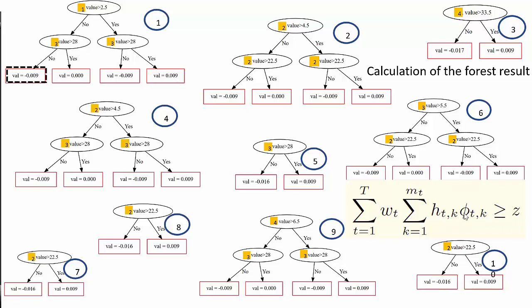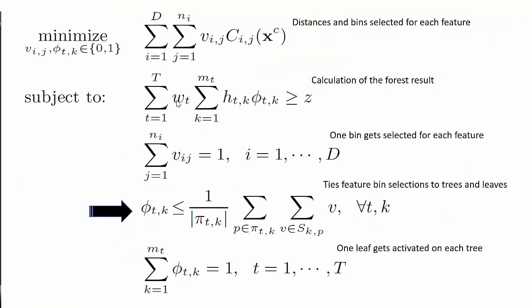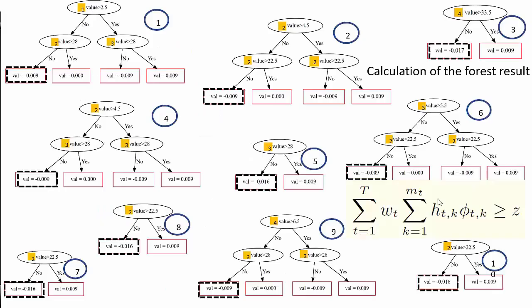Since phi tk in the problem is a binary variable, it just selects those leaves for outputs that are being outputted by the respective tree. The weight for the CatBoost trees is equal to 1. As we look at the output calculation, which we saw on an animated slide before, this value will have to be above z.